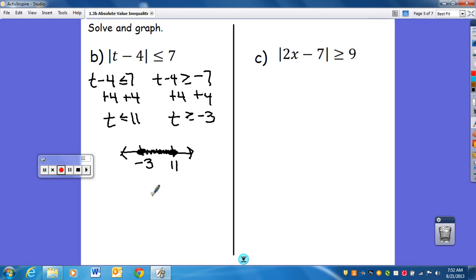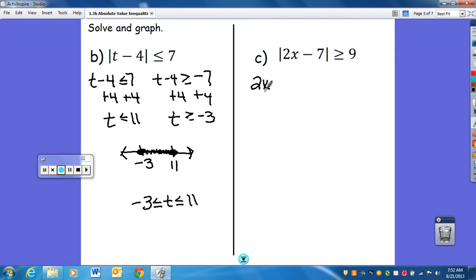So again, we have an AND situation for our compound inequality. It is a range, so we need to make sure that we finish our problem by writing out our compound inequality, demonstrating our AND situation.